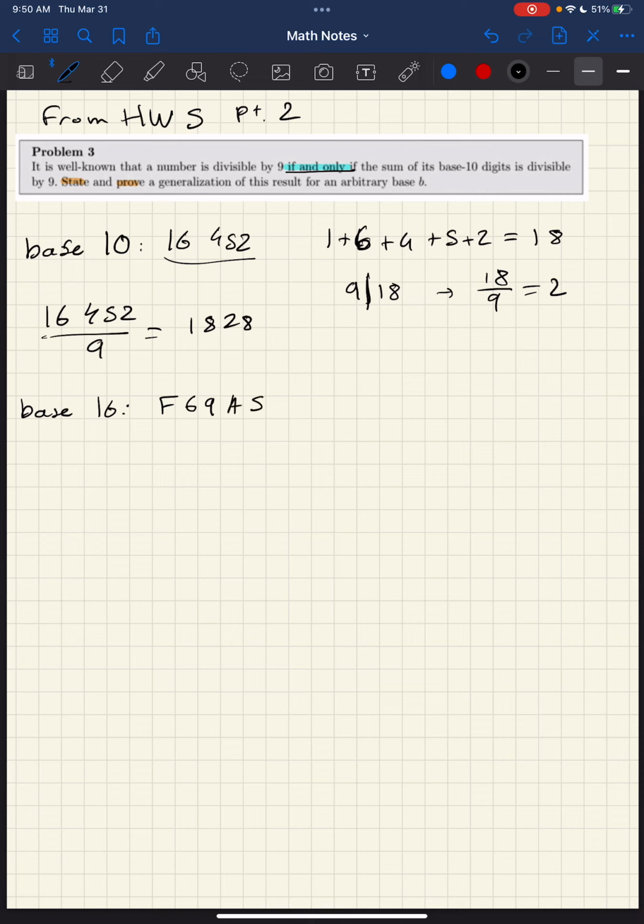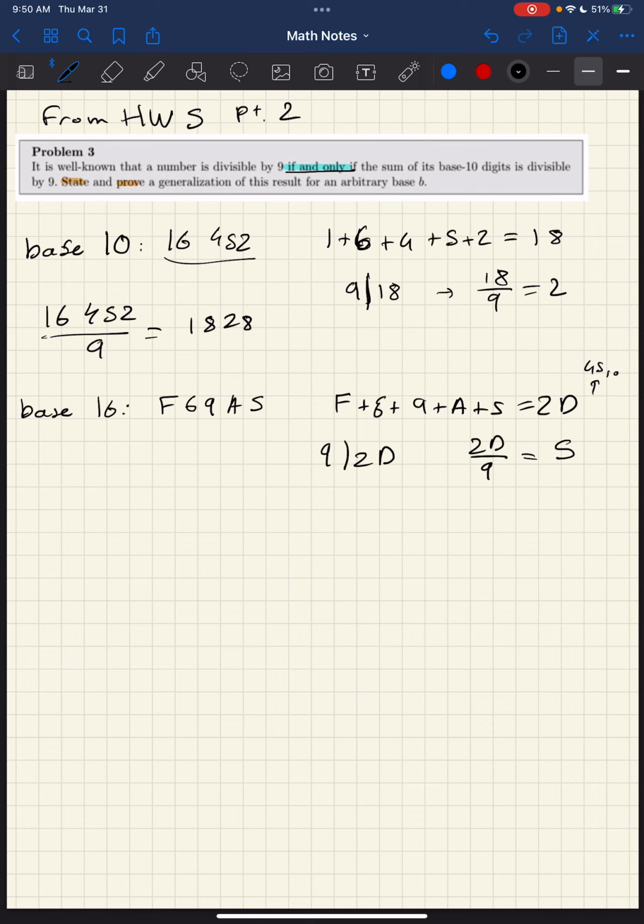If we add up its digits, f plus 6 plus 9 plus a plus 5, that's equal to 2d, which is 45 in base 10. And so 45 in base 10, so 2d, is divisible by 9, right? 2d divided by 9 is equal to 5.